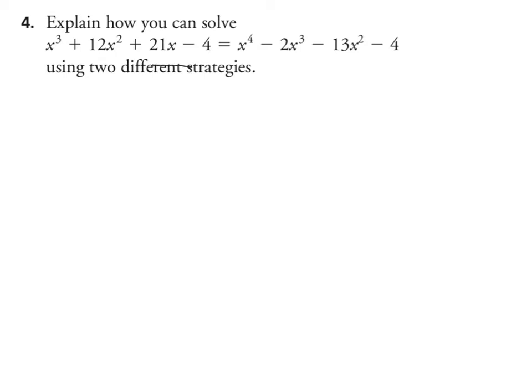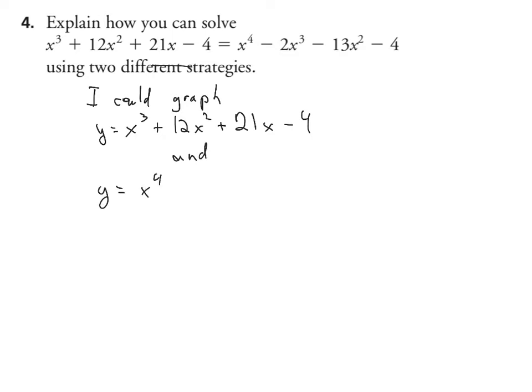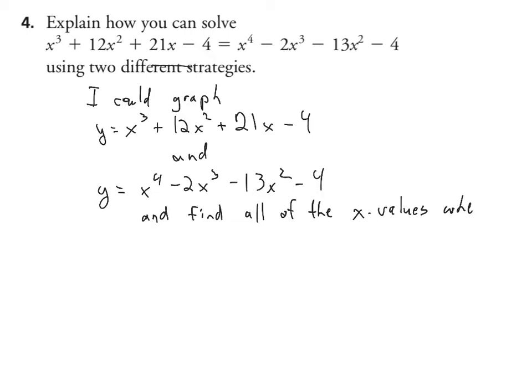Okay, so one method is I could graph y equals x cubed plus 12x squared plus 21x minus 4, and y equals x to the 4 minus 2x cubed minus 13x squared minus 4, and find all of the x values where both graphs are equal in height.